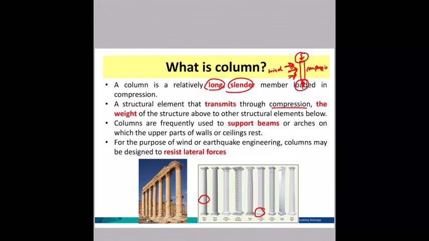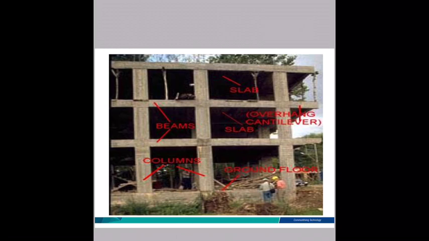This is the structure taxonomy. If you look here, this is your column, this is your beam, and inside here you will have a slab. So all the load from here will transfer to this column, as well as to this column.